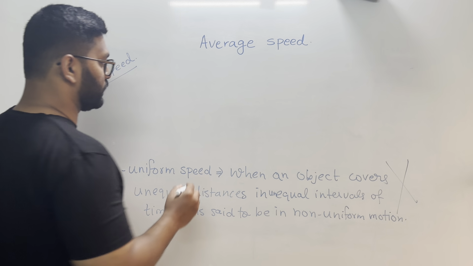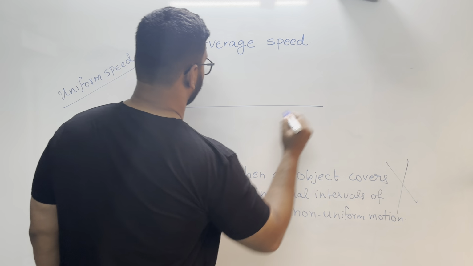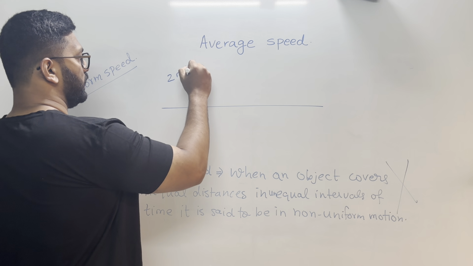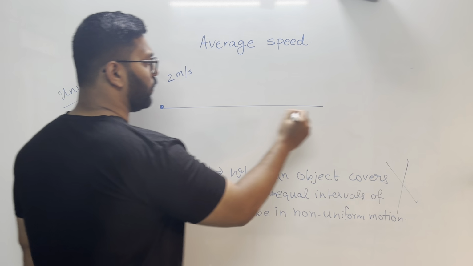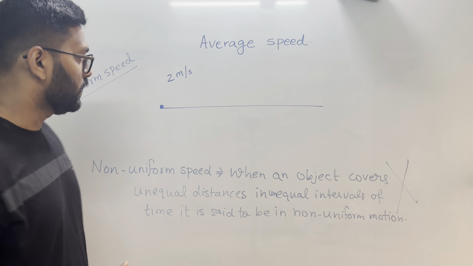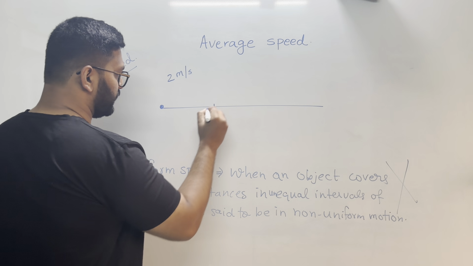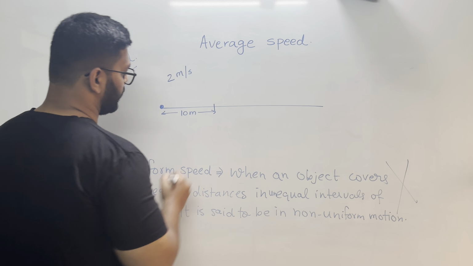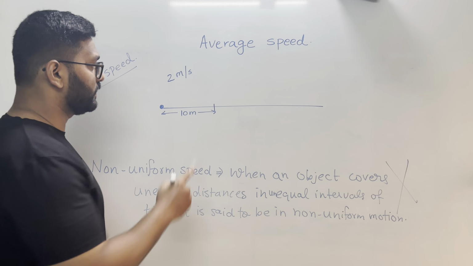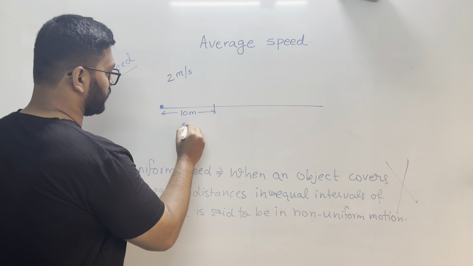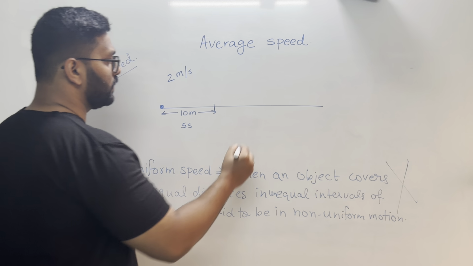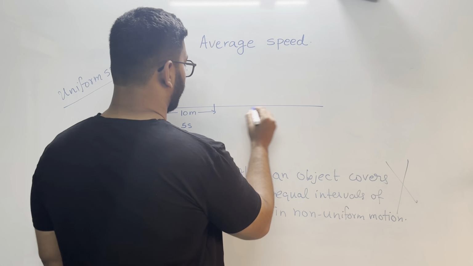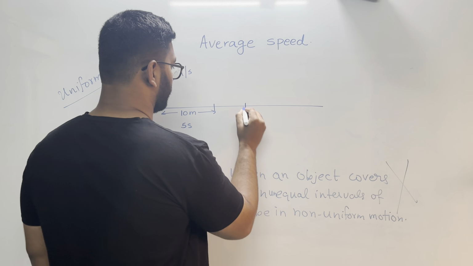Suppose an object is moving with a constant velocity, let's say 2 meters per second. It is moving with a constant velocity, so of course I know it is a uniform speed. Now let's consider this interval of 10 meters. It will be completed in 5 seconds because the speed is 2 meters per second. Now let's say the next interval I take as 5 meters, a little smaller.